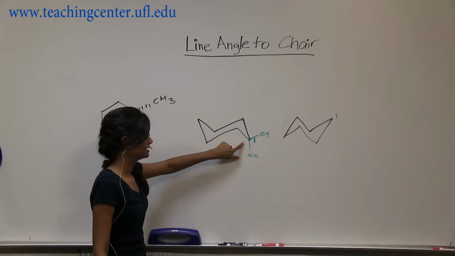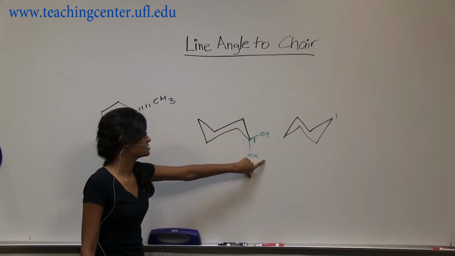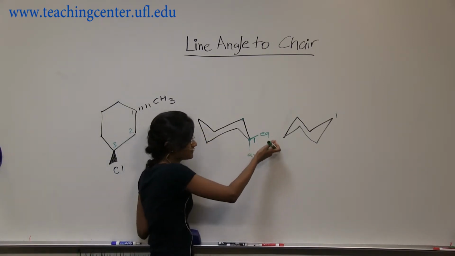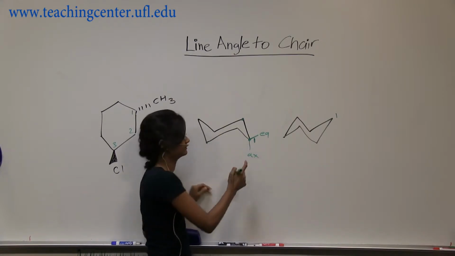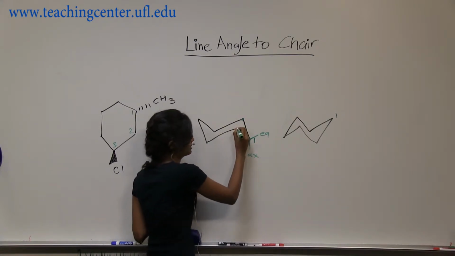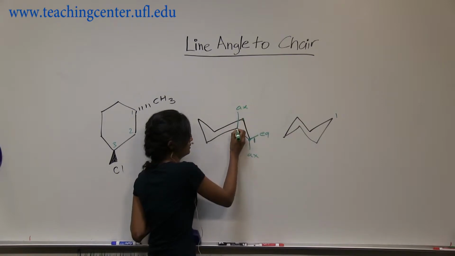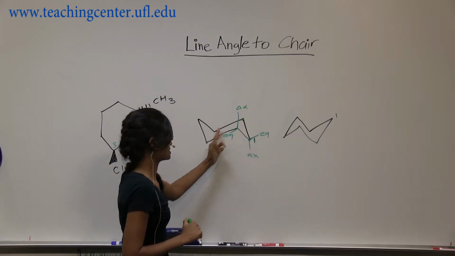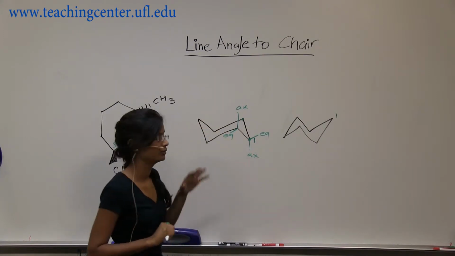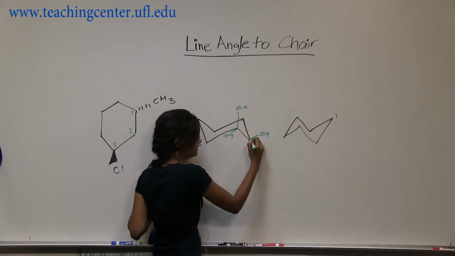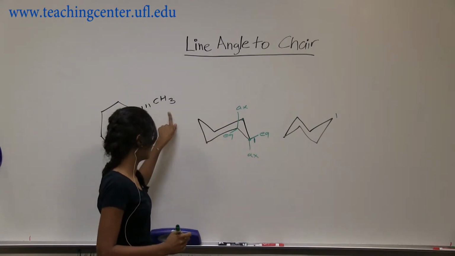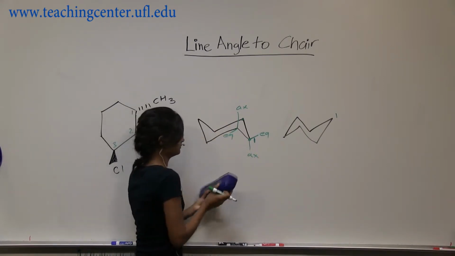So make sure whatever's on a dash is always on a down position. Sometimes down will be equatorial and up will be axial, which is the carbon right next to it. This is axial, that's equatorial. It switches throughout the chair, but whatever carbon we make carbon 1, axial is down, so we're going to put the methyl on the down position.